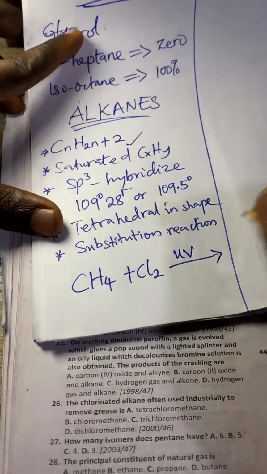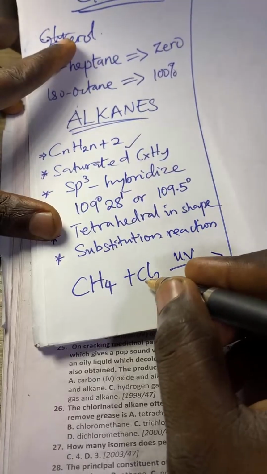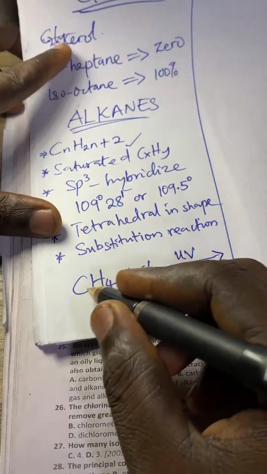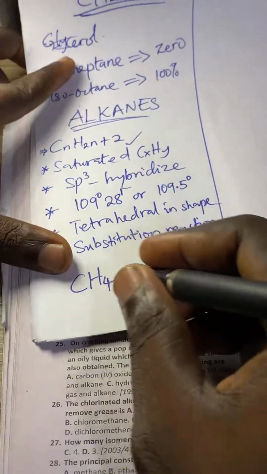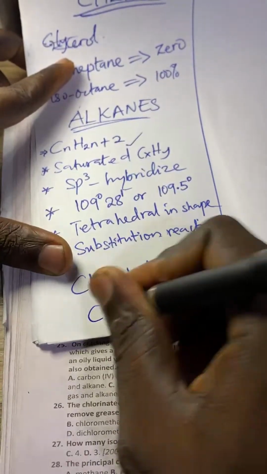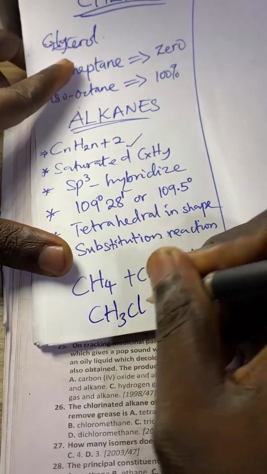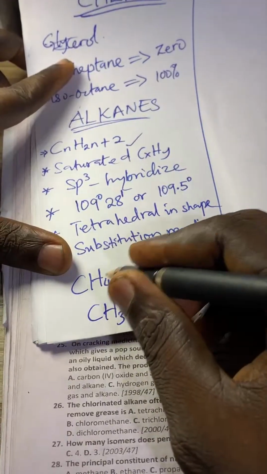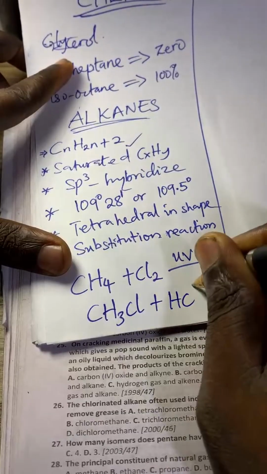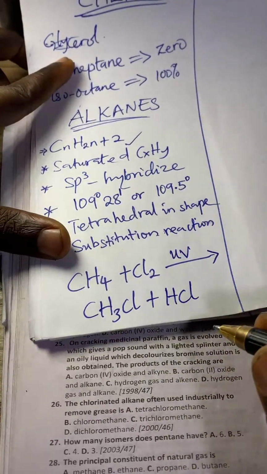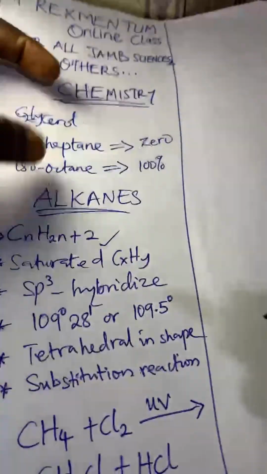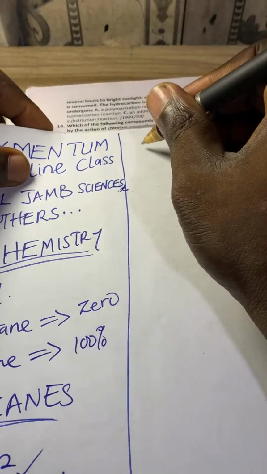When the reaction occurs, one chlorine from this chlorine gas will cleave off and replace one hydrogen. So it becomes CH3Cl. That is the first product. Then that hydrogen will combine with the remaining chlorine to give you HCl. This first product we call monochloromethane.